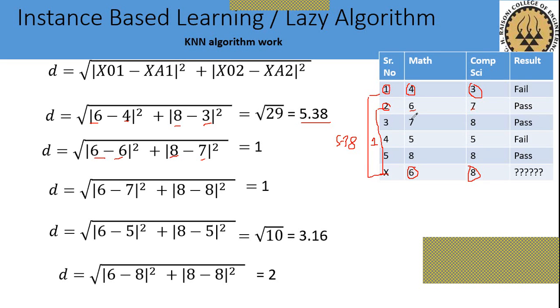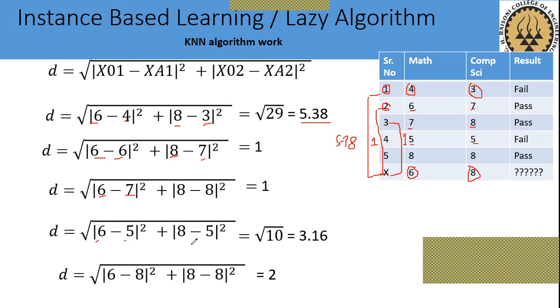Coming to the next, 6 minus 7, because this is 6 and this is 7, and 8 minus 8. So again it is 1. So the distance between these 2 points is again 1. Then next, 6 minus 5, as this has mark 6 and it has mark 5.